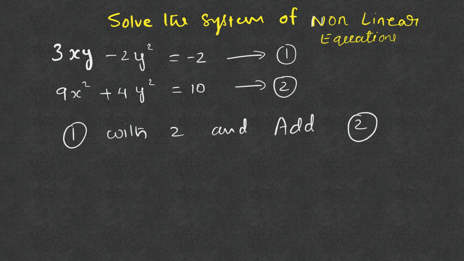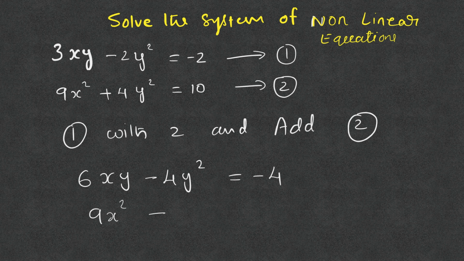So equation 1, after multiplying with 2, becomes 6xy minus 4y squared equals negative 4. And add this to equation 2, which is 9x squared plus 4y squared equals 10.